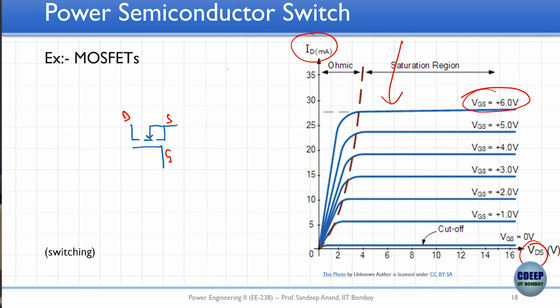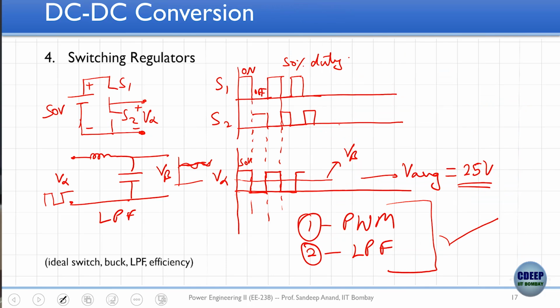You have seen this graph before when you learned about MOSFETs. If I give gate to source voltage 6 volt, I am on the topmost graph, so I can push 25 ampere of current through this switch by creating just a small drop of about 2 volts. This is the on state.